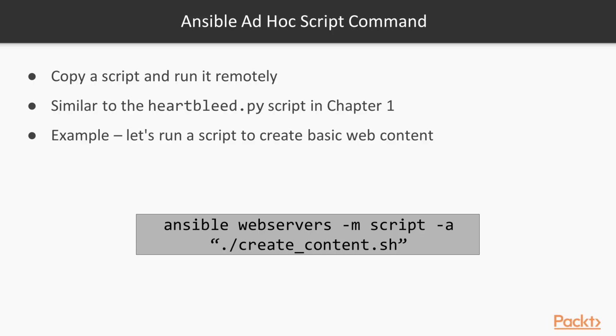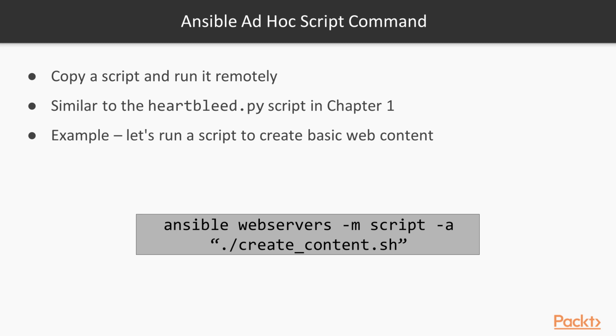For this, we're going to be using the script command as part of the ad hoc series of Ansible tools. We're going to be copying a script that we created called create_content.sh.